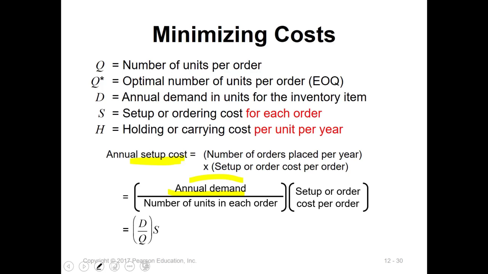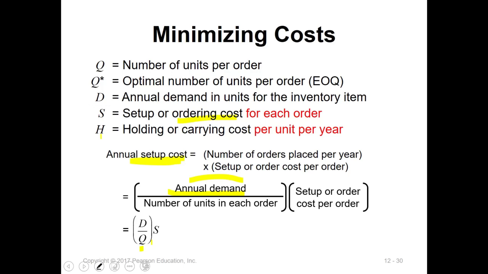So that's the Q, the number of units in each order, and then times the setup or ordering cost per order. This is S, the ordering cost. H represents the holding cost.